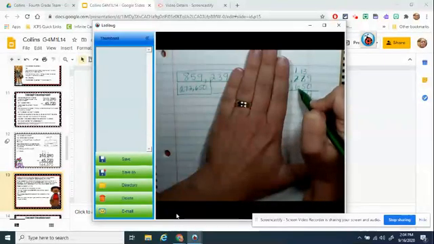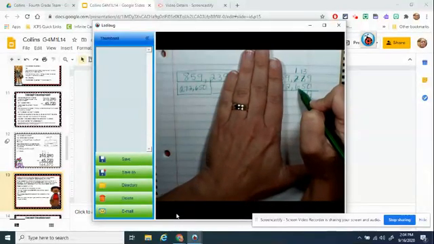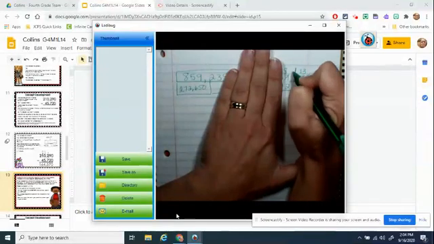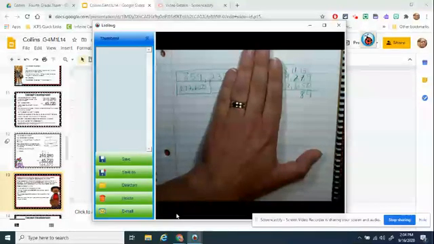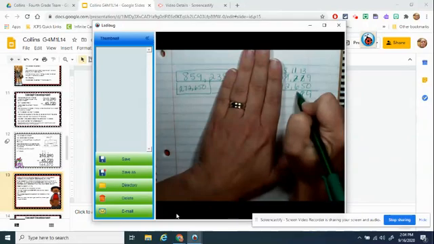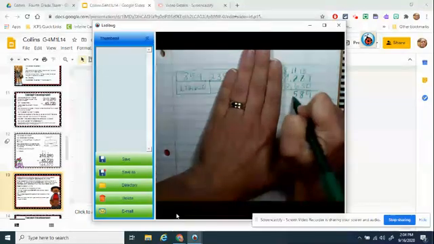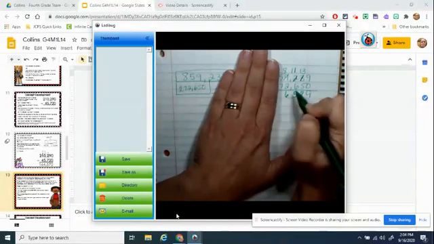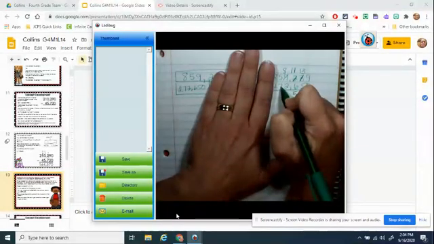1 minus 6. I can't do that, so I'm going to uncover the next place value, and I have a 9 there. That's good, because I can regroup from that 9. Now I have 11. 11 minus 6 is 5. 8 minus 2 is 6. 5 minus 7. Stop right there in the 10,000s place. I cannot do that.